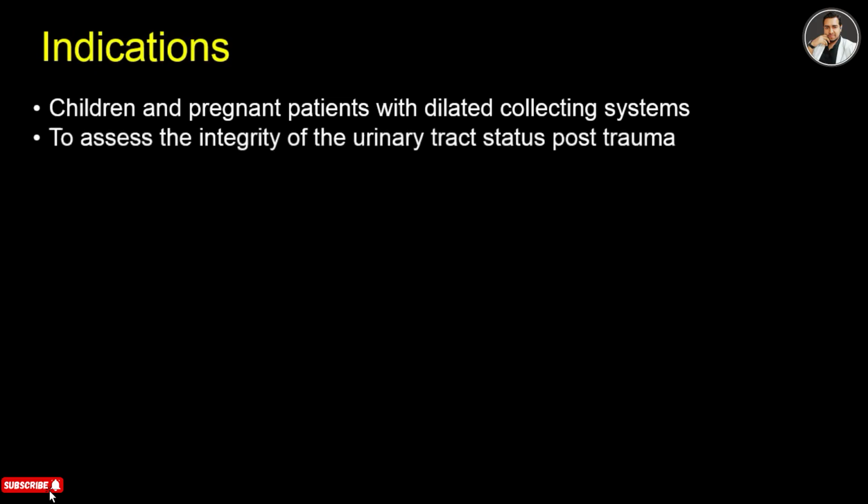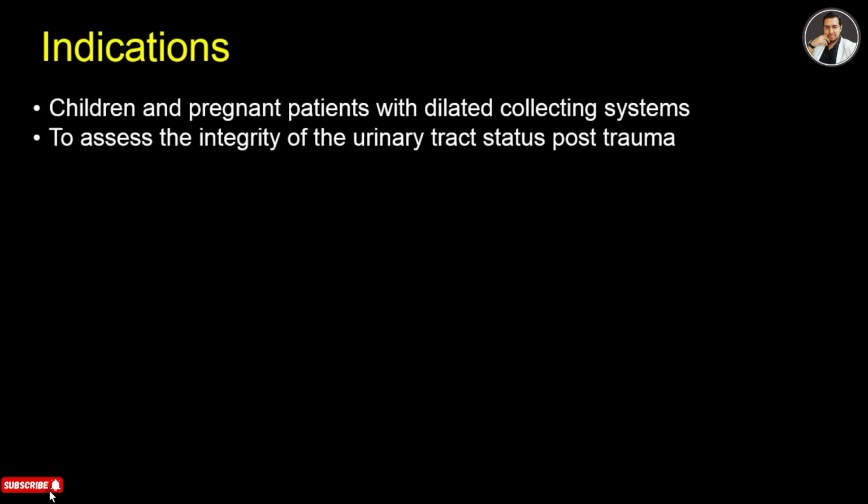And what are the indications for MR urogram or urography? Children and pregnant patients with dilated collecting system. So if this class of patients have the dilated collecting system, doctors prefer to choose MR urogram rather than CT scan to avoid radiation hazard, and to assess the integrity of the urinary tract status post-trauma.